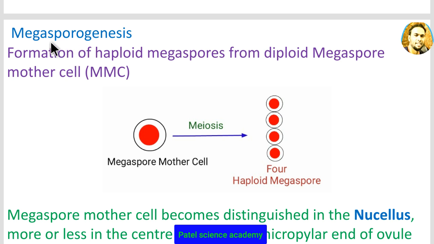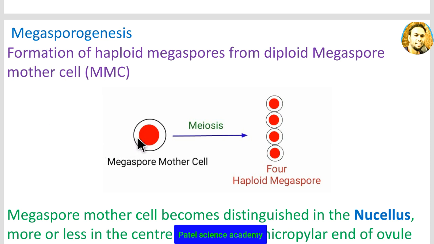Megasporogenesis. Megaspore means the female gamete. Formation of the haploid megaspore from the diploid megaspore mother cell, MMC, is the process of megasporogenesis.